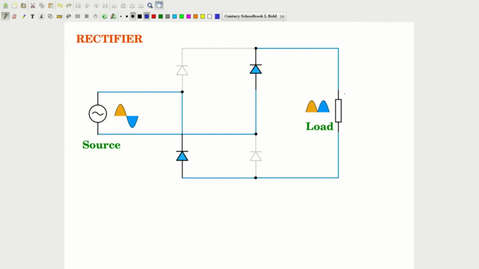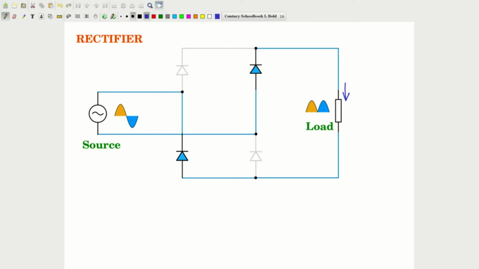Note again here importantly that the current direction has been retained. Thereby you will see that the voltage across the load is unidirectional whether the source voltage is positive or negative.